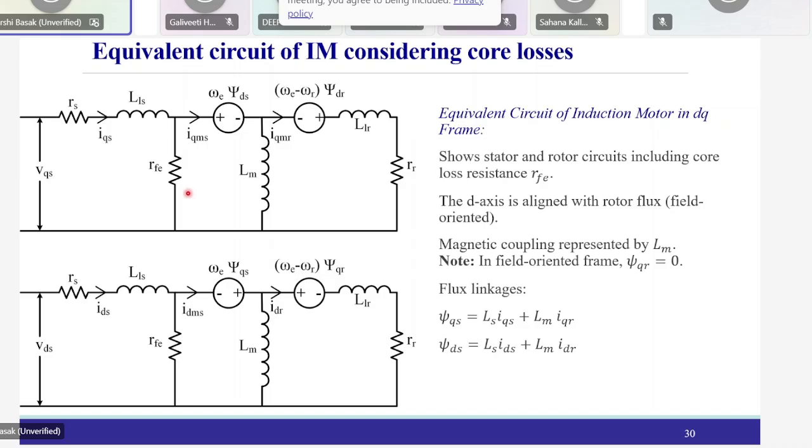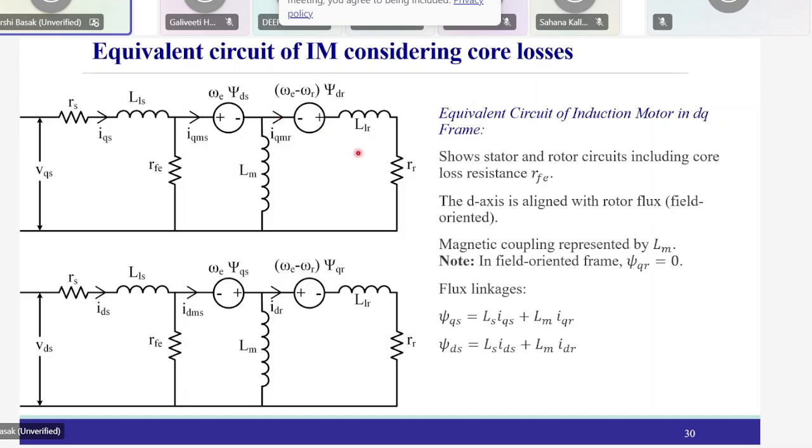Here this mathematical model incorporates the core loss resistance, given by RFE, and all the others are there: RS, the leakage inductance, and LM. Since this is done in the synchronously rotating reference frame, you have to take care of IDS, psi DS and psi DR also.